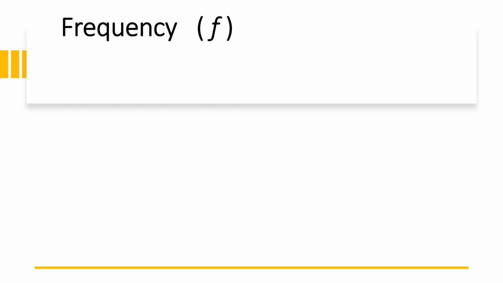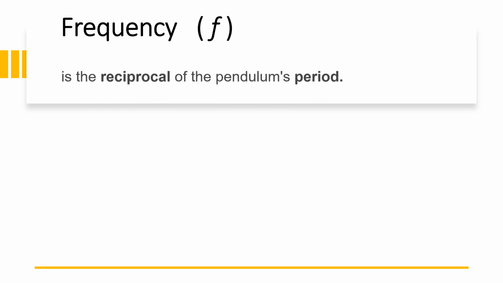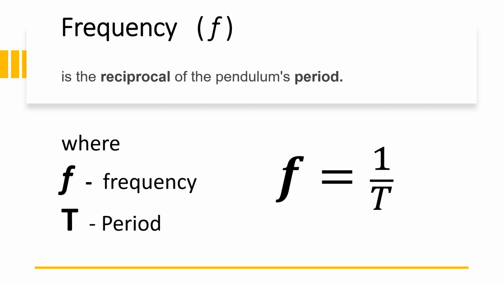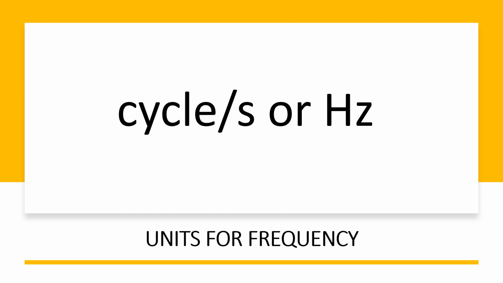Again, the frequency F is the reciprocal of the pendulum's period. That's why the formula to get the value of frequency is 1 over T. So that is reciprocal of period, where F is the frequency and T is the period. The unit for frequency is cycle per second or hertz.